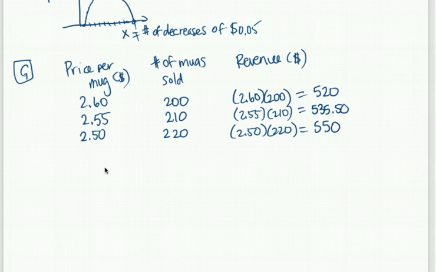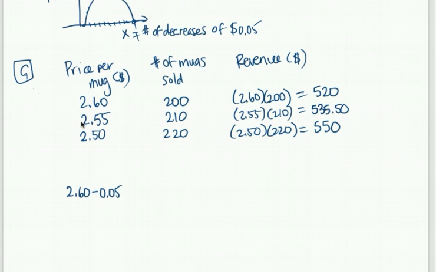As we go step by step, think of this as the number of decreases. That's one decrease, that's two decreases here. We're taking the $2.65 and decreasing it by 5 cents every time.